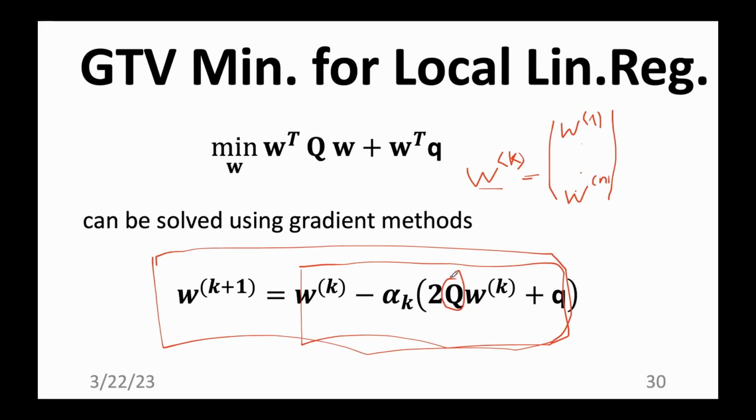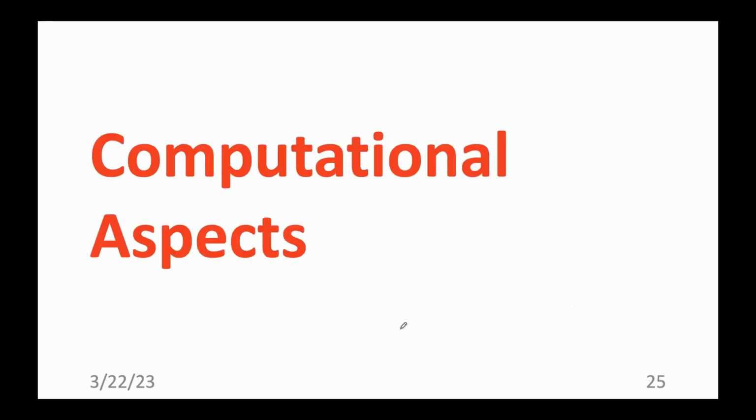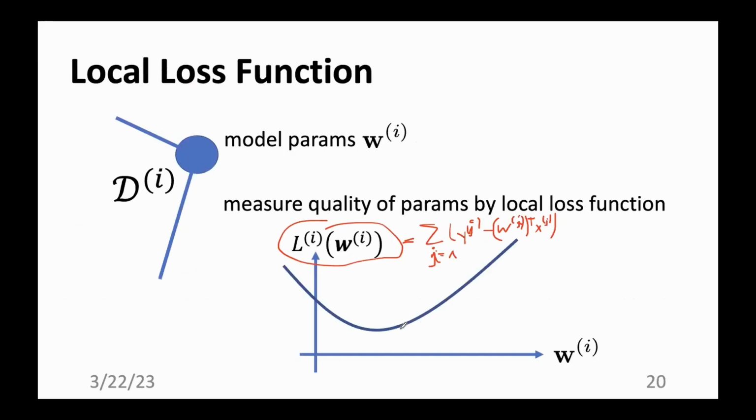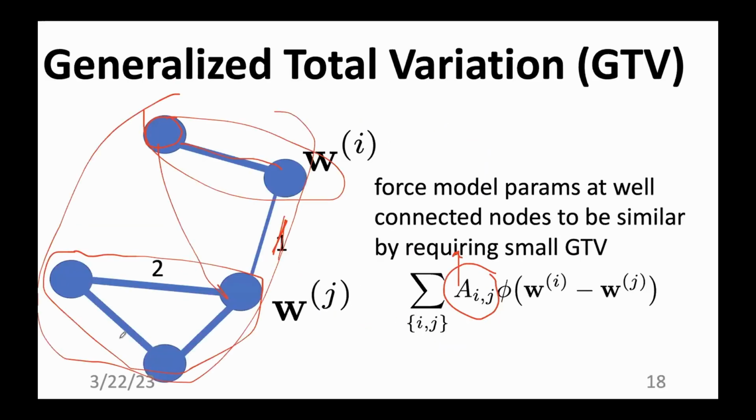In particular, its non-zeros are related to the edges in the empirical graph. So it turns out that this update can be implemented as a message passing rule. In each update step, you have to pass messages between neighboring nodes. So gradient descent for this federated learning problem can be implemented using local message passing protocols.